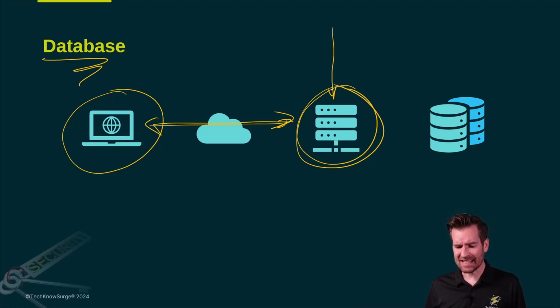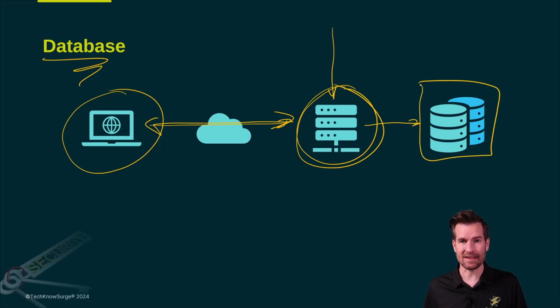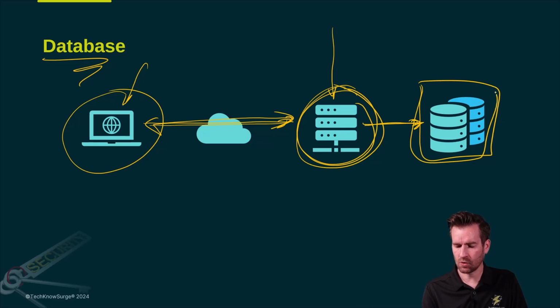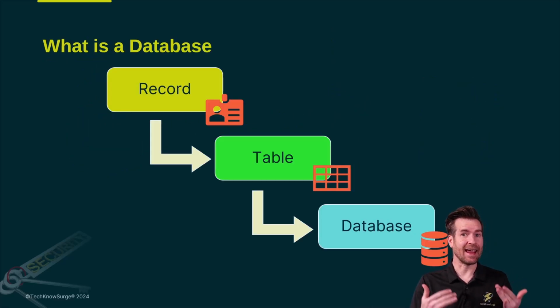But the data is being stored on a separate system that houses a database that has a lot of data within it. So if a user is entering in their username and password, or maybe some sort of information like their company information, maybe the company address, it's going through these web servers, but then actually being stored on the database behind the scenes.